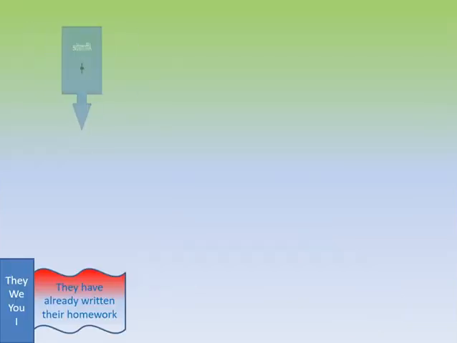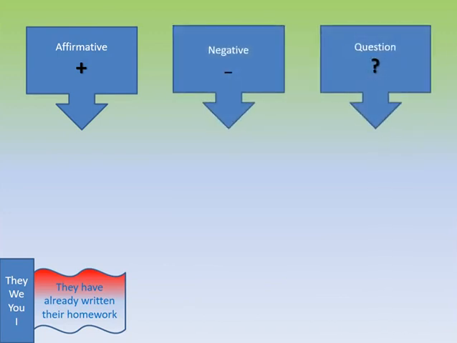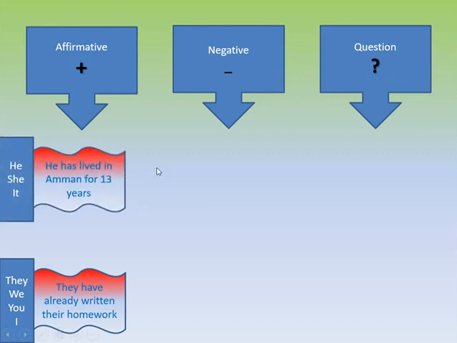And now look here, as usual, we have the three forms of the sentence. We have the affirmative form, which has the plus sign, علامة الزائد, affirmative, جملة مثبتة. Negative, and look here we have the minus, and it is negative, منفية, and the question form. This is the question mark, question form. Now look here, he, she, it.